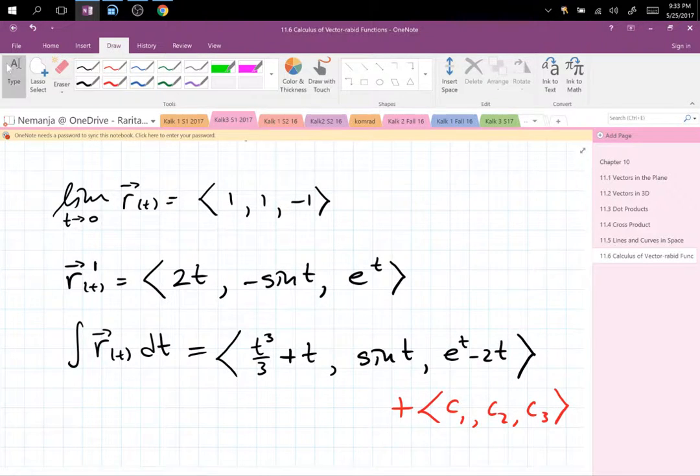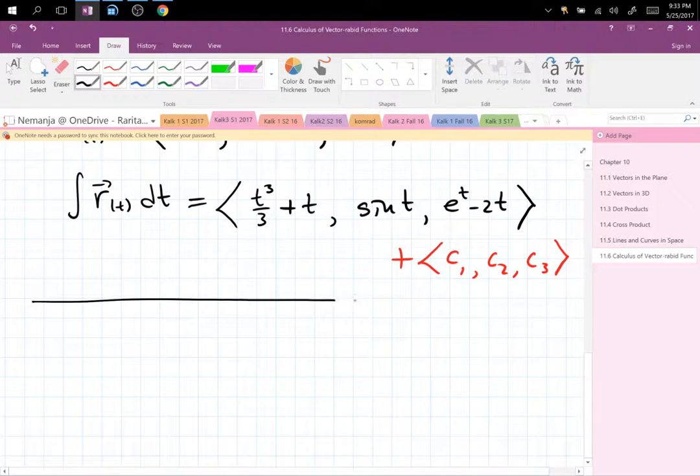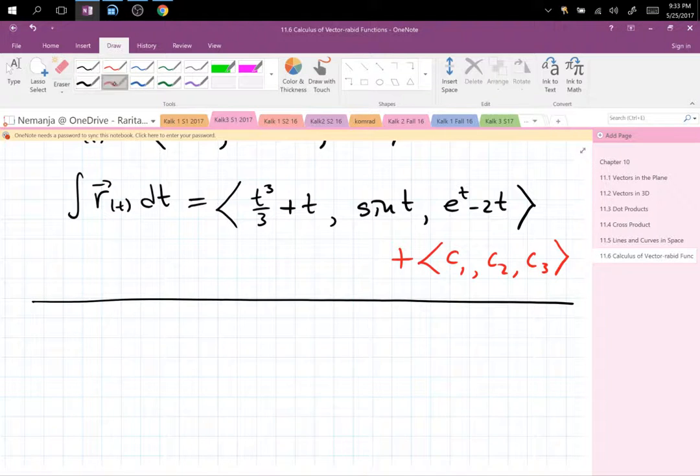Okay, now, very important business. This thing will be showing up a lot. It's called the unit tangent vector.